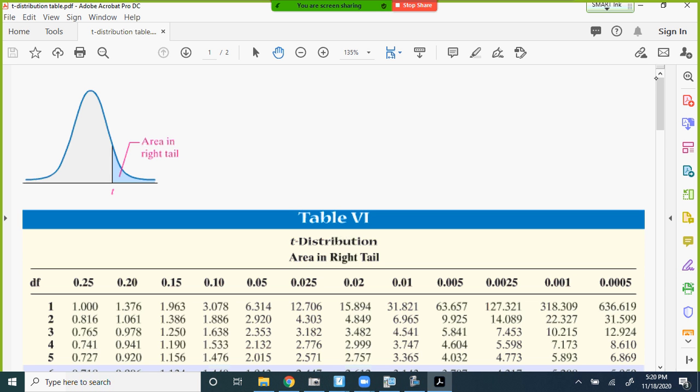If they're on this side of the tail, it's going to be a negative value, right? As opposed to the right side of the tail. We saw that in Z scores, right? So just take that into account when you're pulling your T values from your charts. But I'll show you how to do it on the calculator so that you don't have to pull it. Okay.